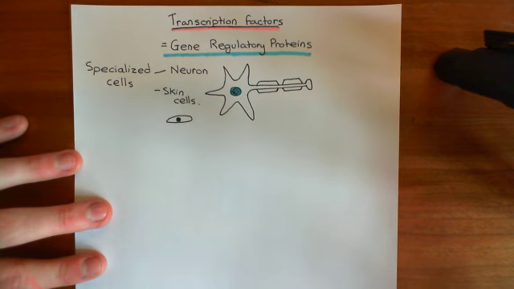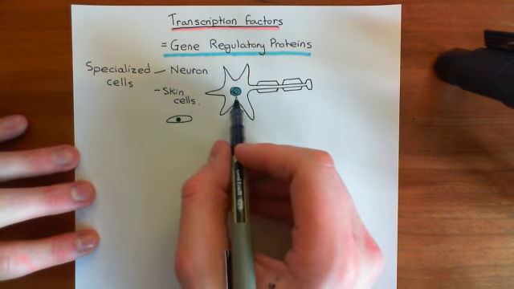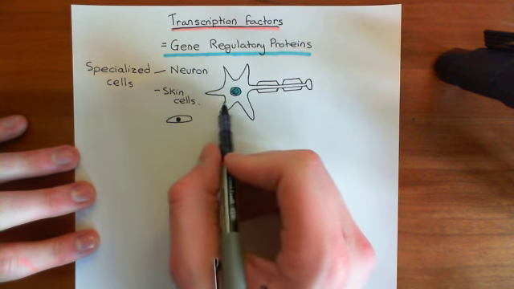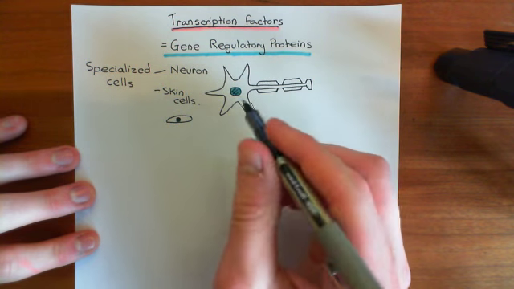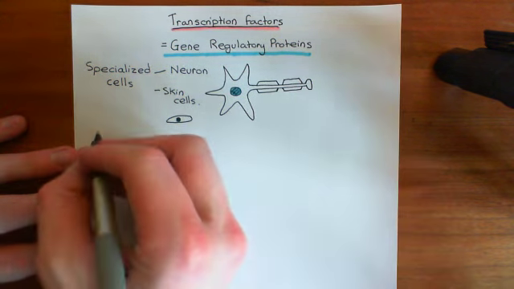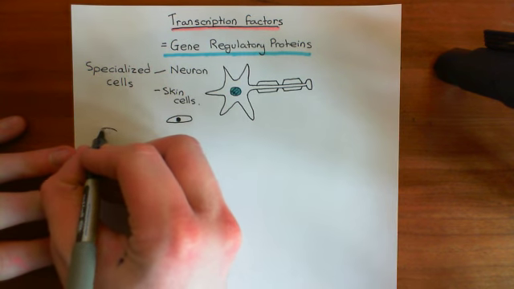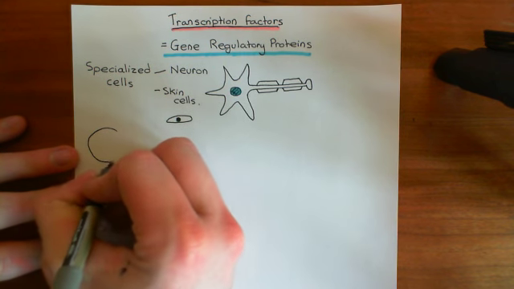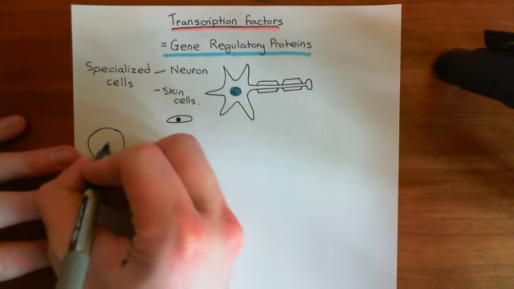And I want to just tell you about the first experiment that truly showed that the DNA had not changed in these specialized cell types. So this is quite a nice experiment. So basically, what you take is an unfertilized egg cell, and originally this was done in frogs.